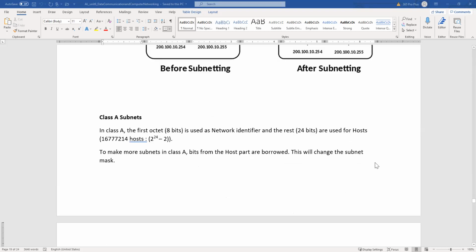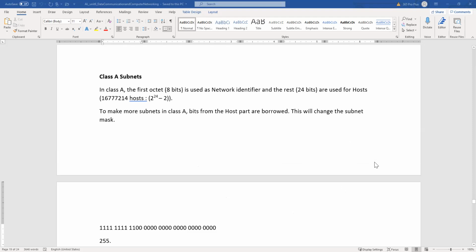Now, what we did last time at the end was to look at this one at a time. We start with the class A subnets. The first thing you need to know is how many bits are used for the network. We know that only the first 8 bits are used for the network and the remaining 24 bits for the host.